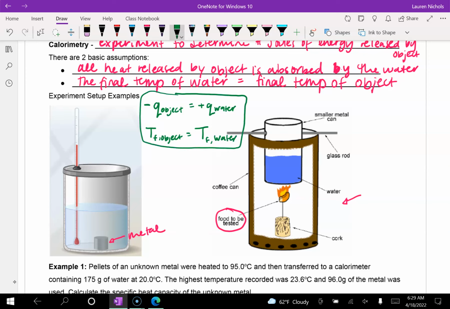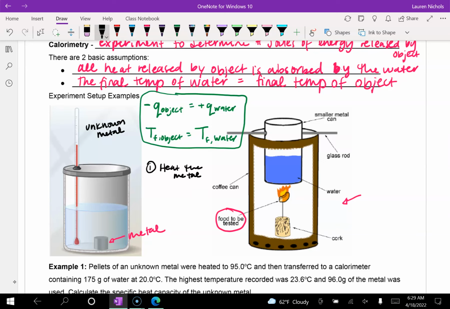Now, when we do a calorimetry experiment, you're going to have a couple of basic setups. So this is kind of what it looks like if you're setting up the calorimetry of an unknown metal. What you do is you heat the metal to a very particular temperature.